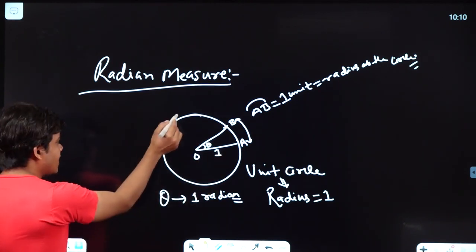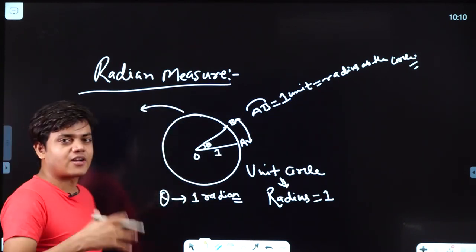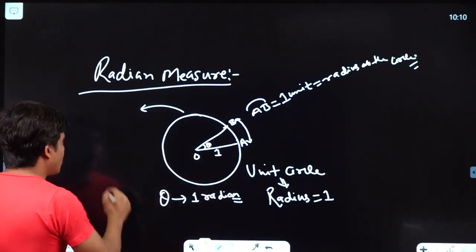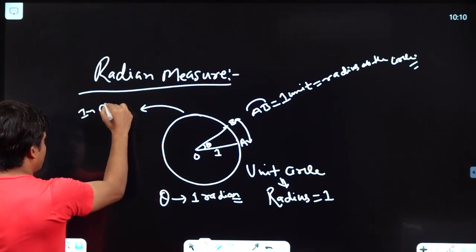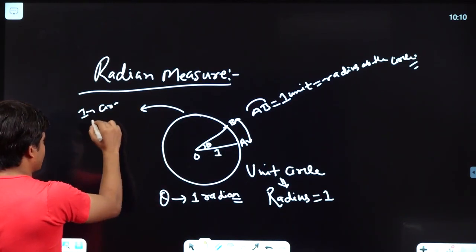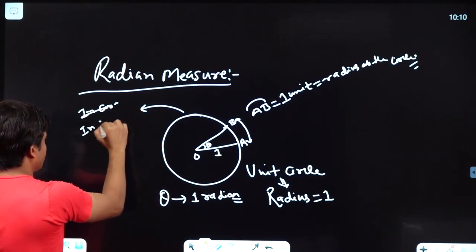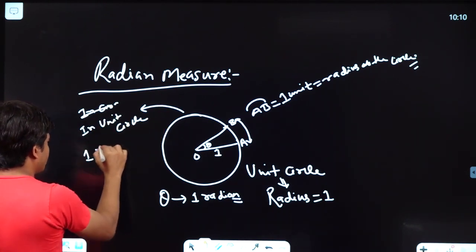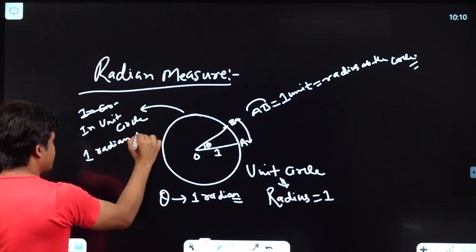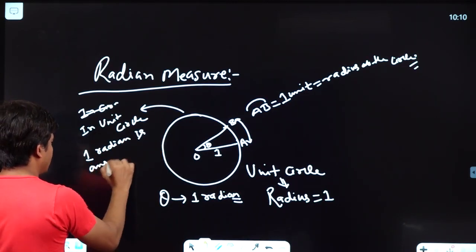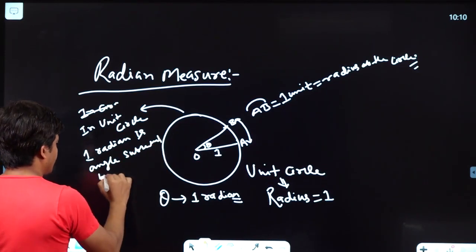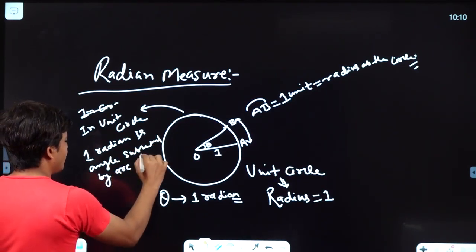Let me write one definition and then I will generalize it, and you will understand everything. So in a unit circle, 1 radian is the angle subtended by the arc of length 1.